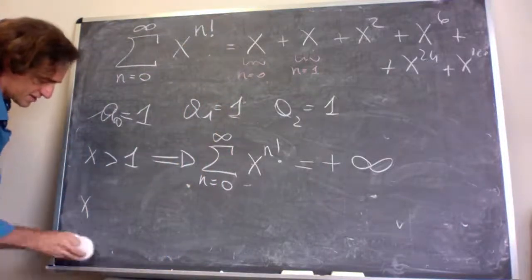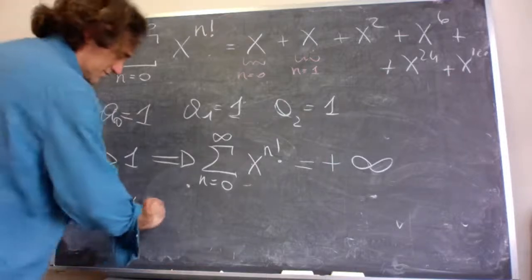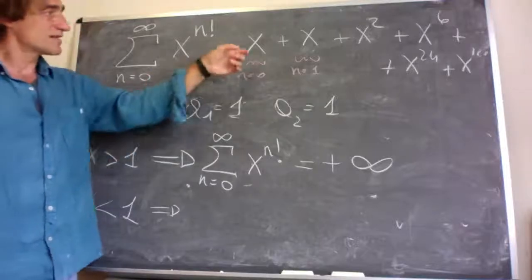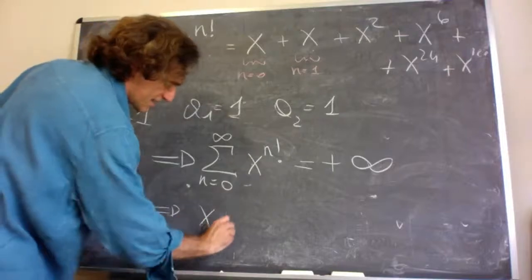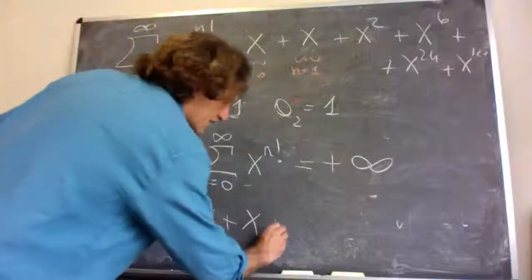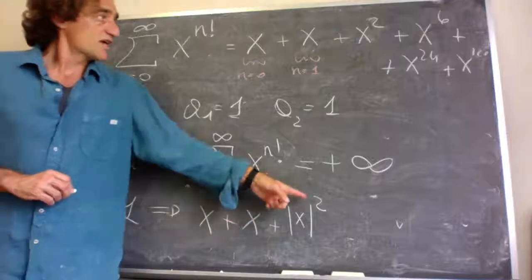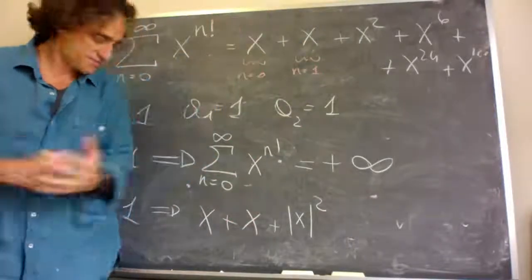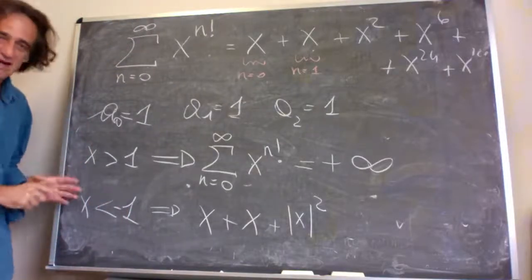Moreover, if x is strictly less than minus 1, it is nice to see what happens. Here we have x plus x again, so 2x, we start with 2x. Then we have x squared, that we can replace with modulus of x to the 2nd power because it is a square. So if there is a minus, then it becomes a plus. Here x is less than minus 1, not less than 1, less than minus 1.